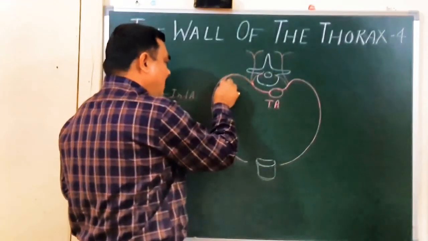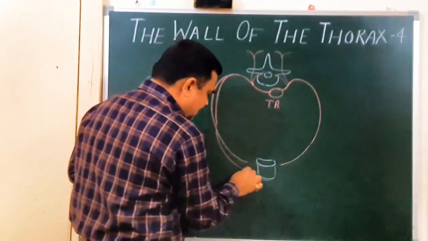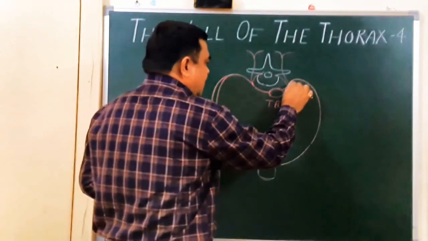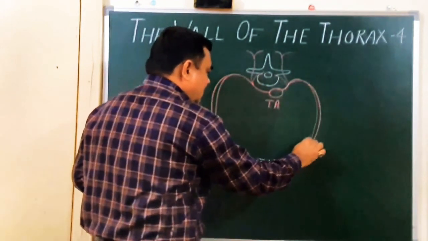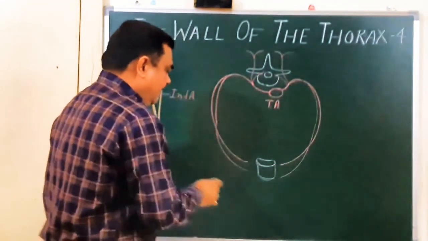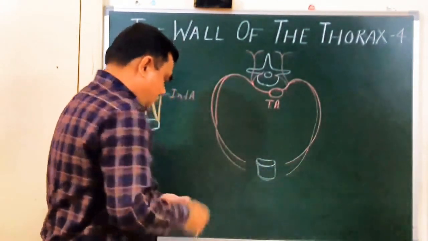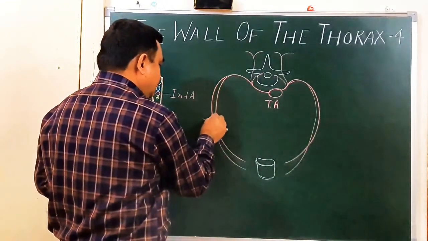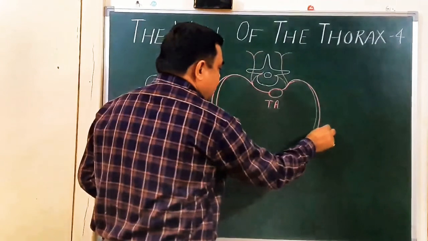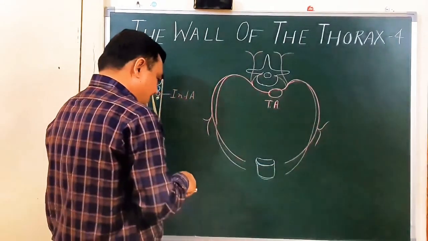It gives a collateral branch, like this. Here is also a collateral branch. Here are the lateral branches. And here is the position of the internal thoracic artery.